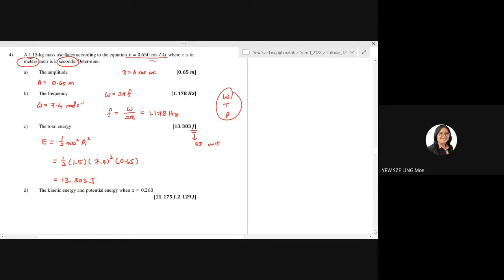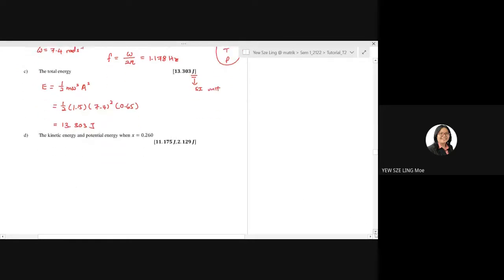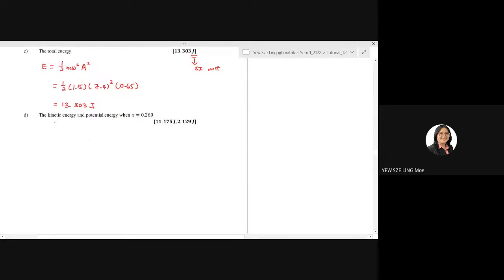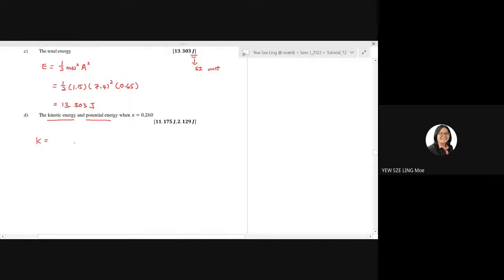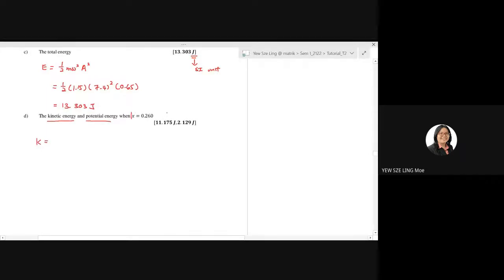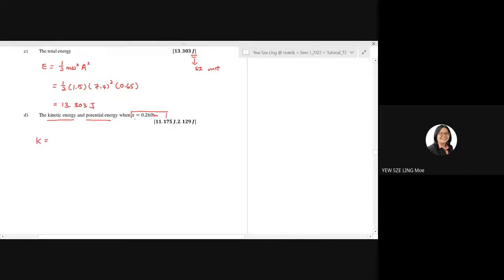Question D. Question D is asking for two different items, which is kinetic energy and potential energy. So kinetic energy, K is equal to, now you are given x. This is in meter. You are given displacement, so you need to use equations with displacement.